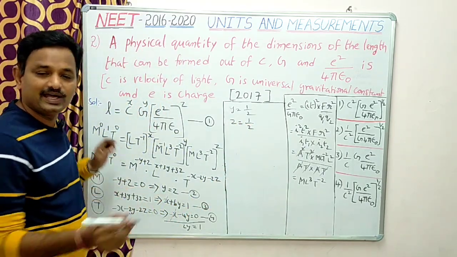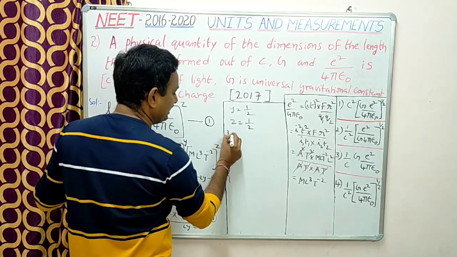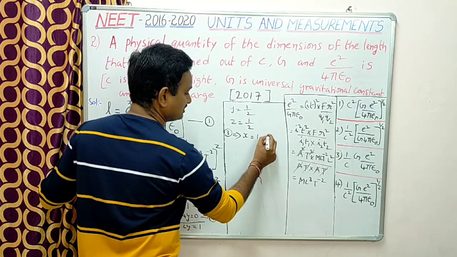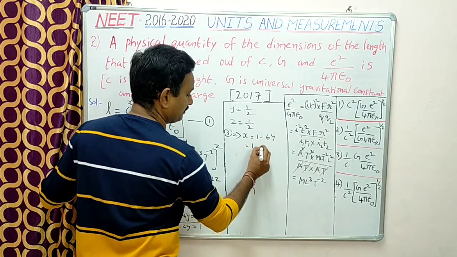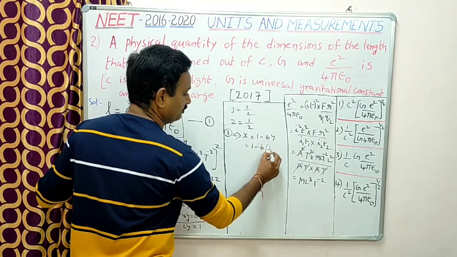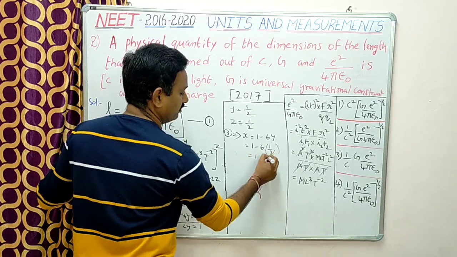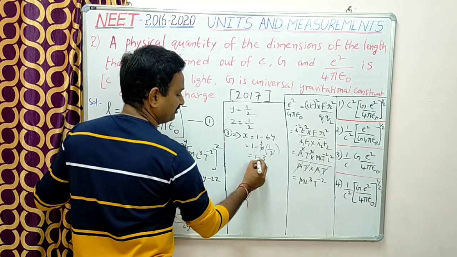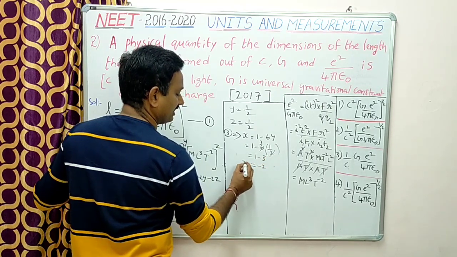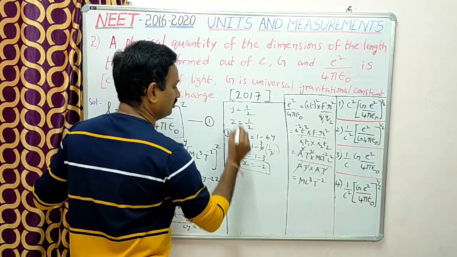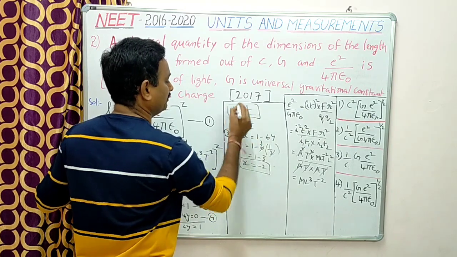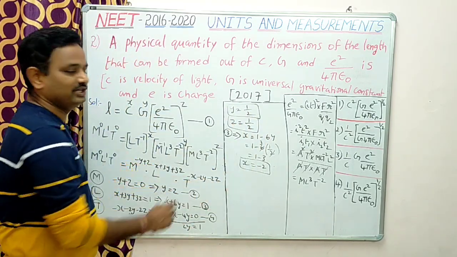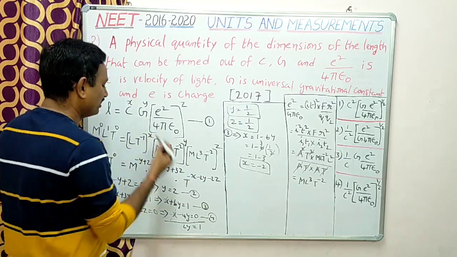From equation 3, x equal to 1 minus 6y, that equal to 1 minus 6 into 1 by 2. 2 sixes, 6 cancel 3 times, that is 1 minus 3. So you will get minus 2. So x equal to minus 2. So we got x equal to minus 2, y equal to 1 by 2, and z equal to 1 by 2. Now I will substitute these values in equation 1.